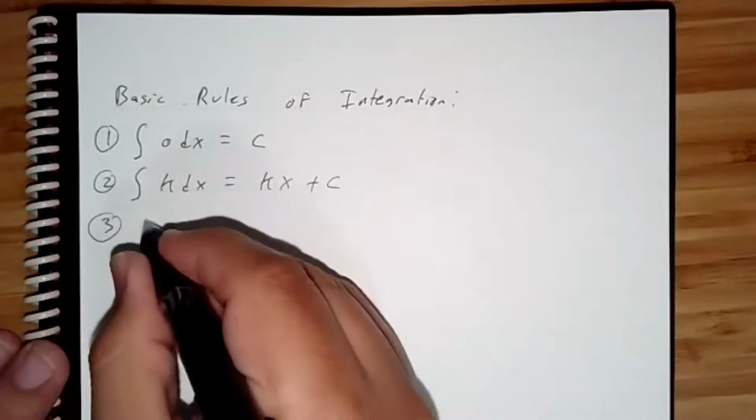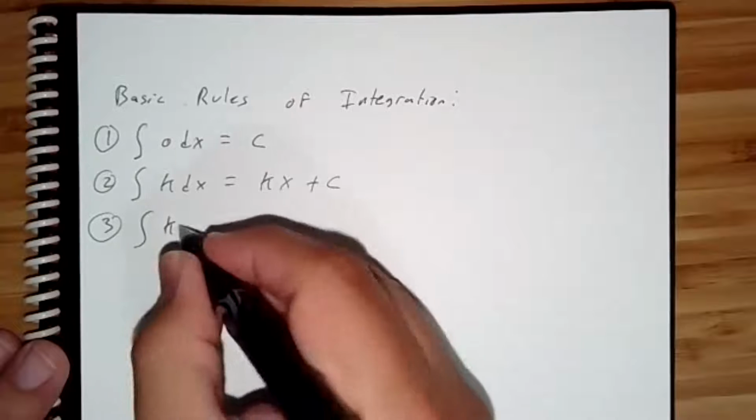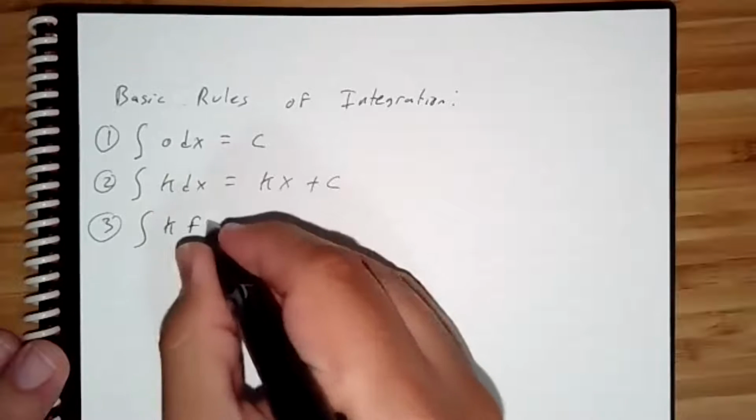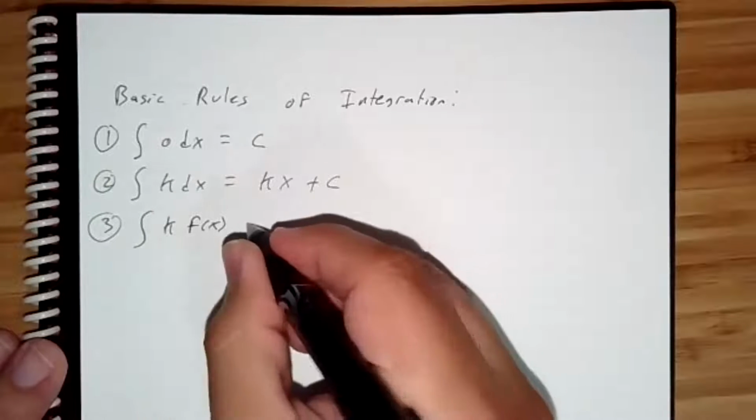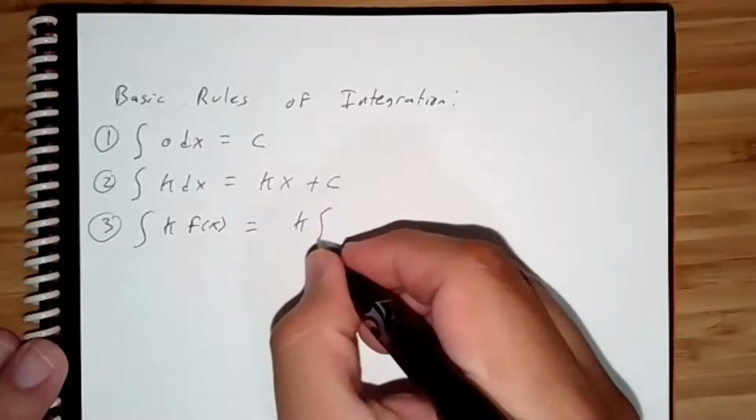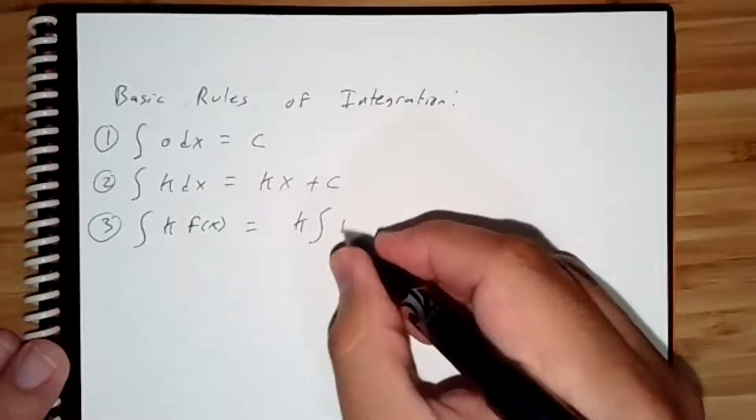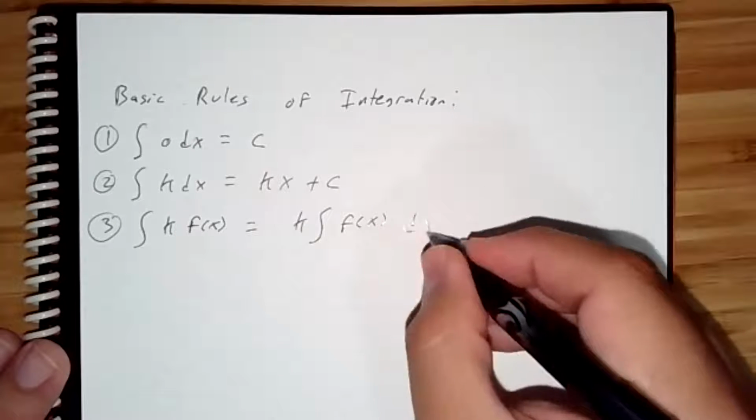Number three, if you integrate something like k times f of x dx, you can pull out that k if k is a constant. Oops, forgot my dx over here.